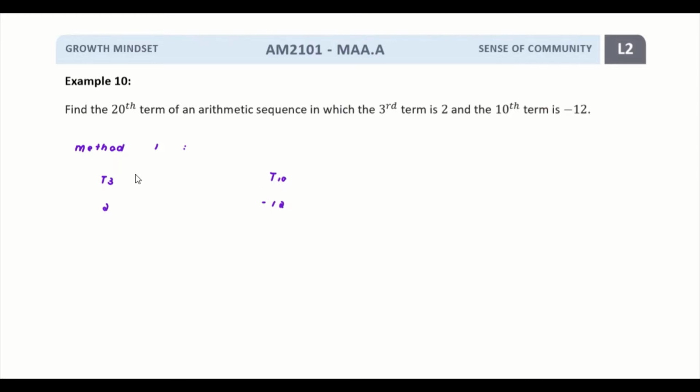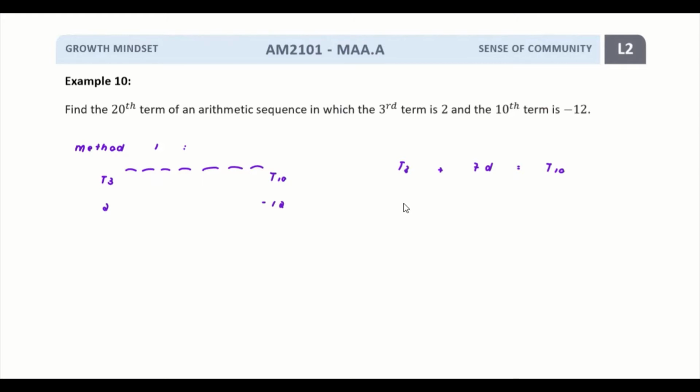That will be 1d, 2d, 3d, 4, 5, 6, 7. It will be 7d from the third term to the 10th term. So T3 plus another 7d, and you get T10. I guess that's just by using common sense.